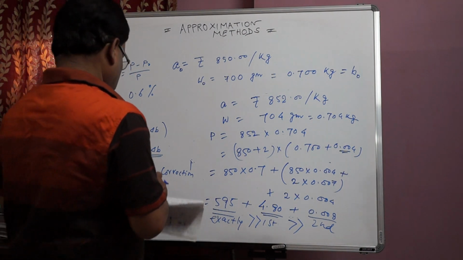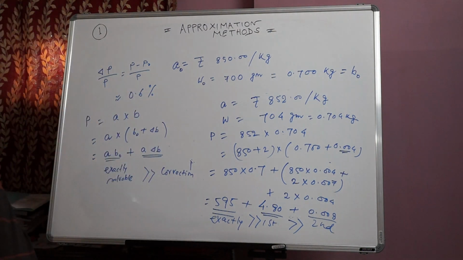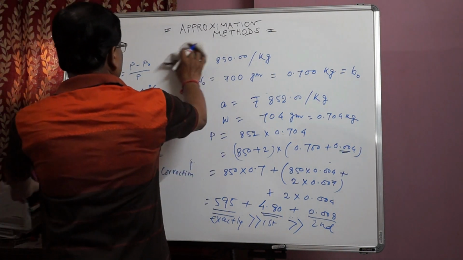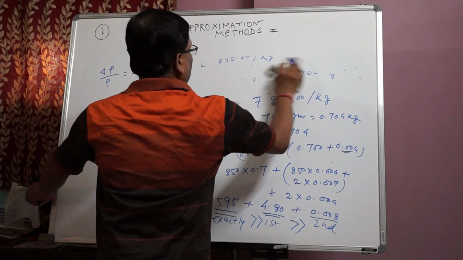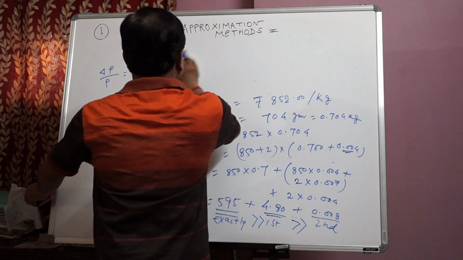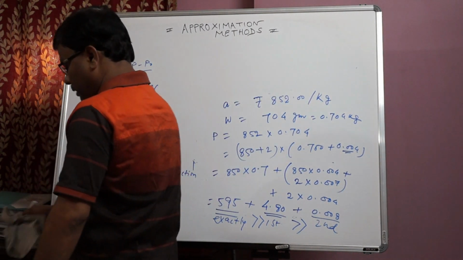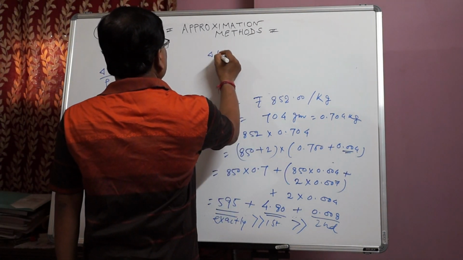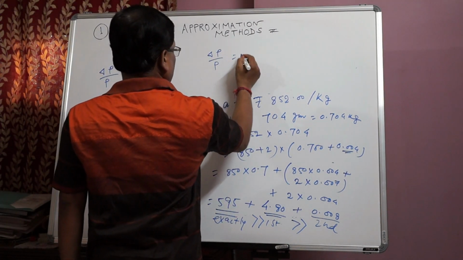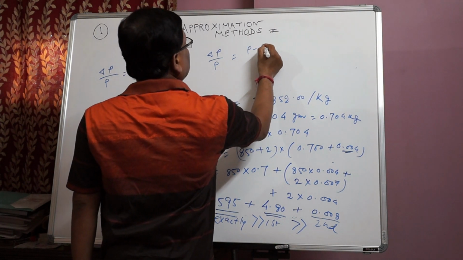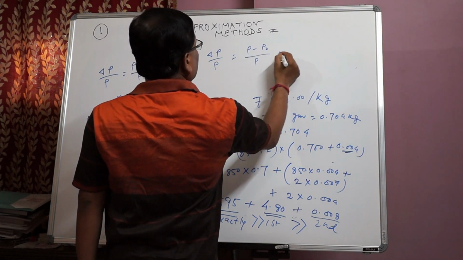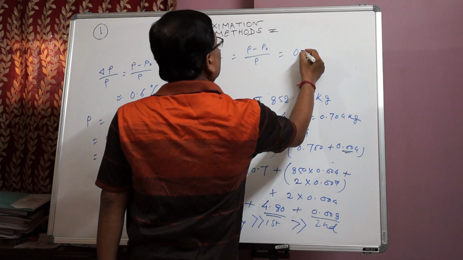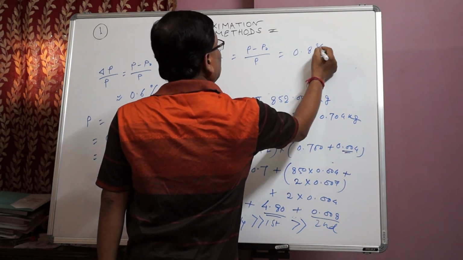I calculate ΔP by P equal to P minus P0 by P, around 0.8% only.